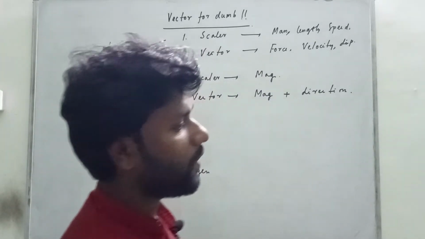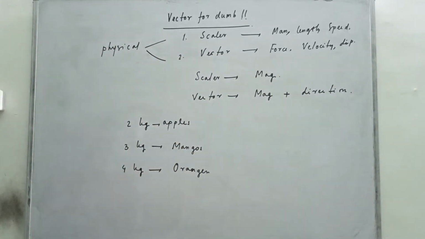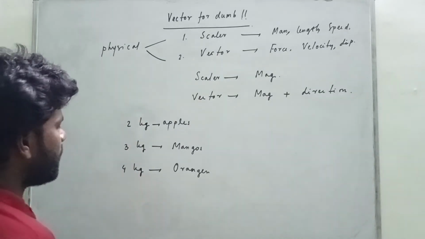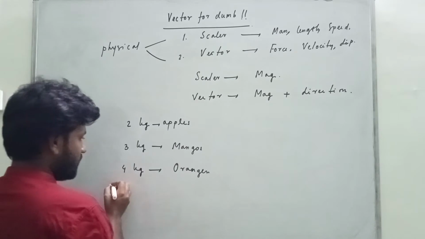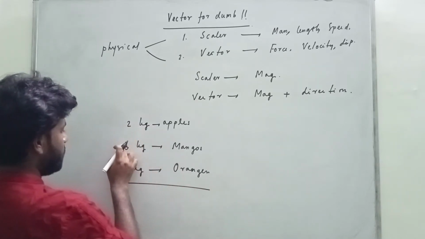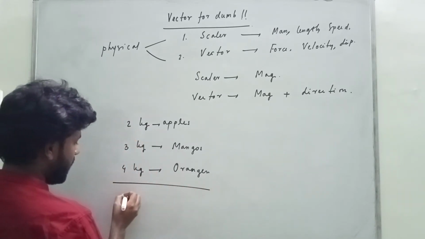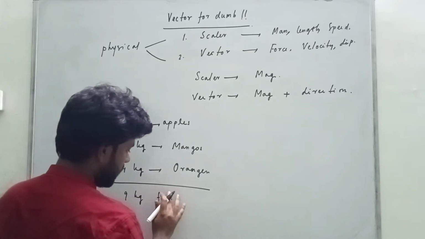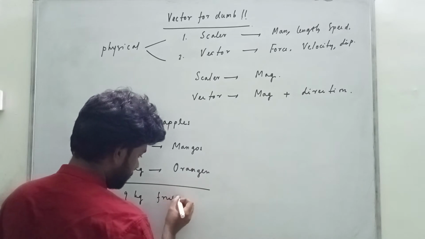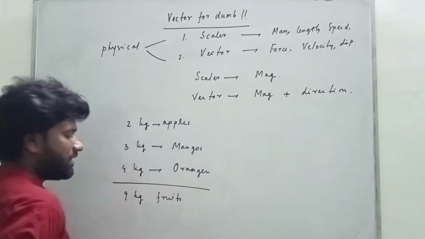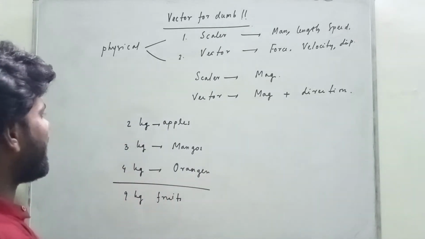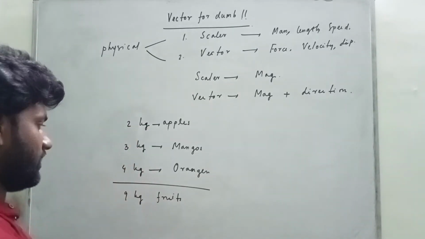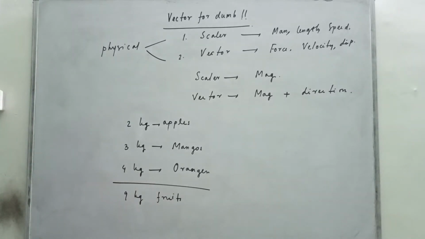If I asked you what amount of fruit you bought, it is very simple for you. Probably you will answer just 2 plus 3 plus 4, I mean 9 kg of fruits, right? It is very simple because you just add 2 plus 3 plus 4, then 9 kg of fruits bought.